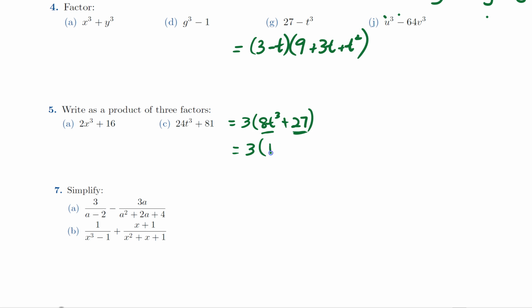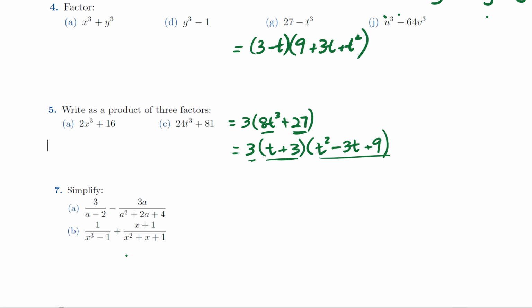So in our first set of brackets we've got 2t minus 3, and in here we've got simply 4t squared and our plus, that oddity. So this is 6t, and on the end we've got the 3 squared, which is 9. So that's our product of 3 factors, that, and that.